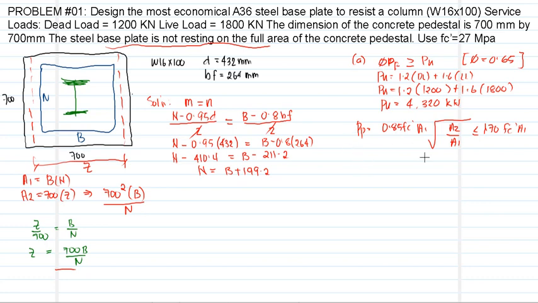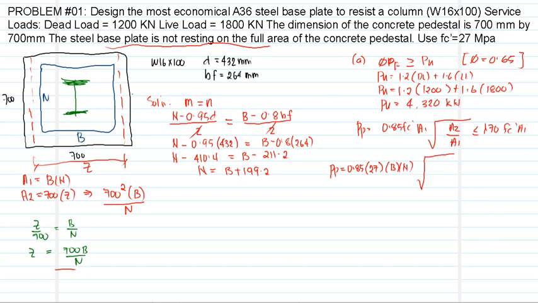So, substituting our equation here, our PP now is equal to 0.85. Our FC prime is equal to 27. And our area 1 is equal to B times N.